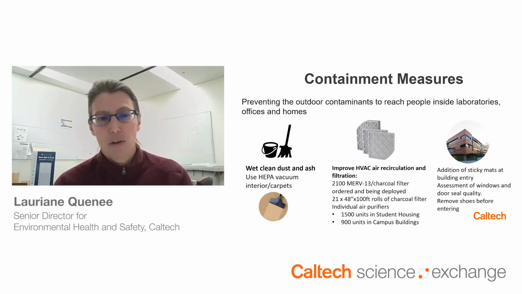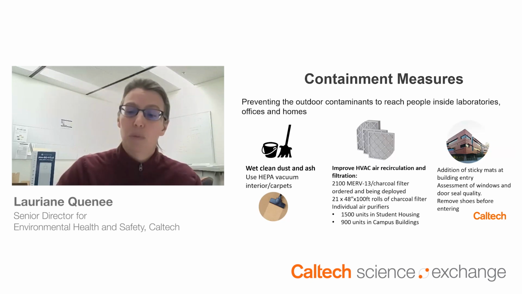You can put a lot of controls in place, but if you have a gap underneath your door, this is something that will be an entry point for the contaminants. And so things as simple as removing shoes before entering into an indoor space, when you do that in your home, can be an effective containment measure for preventing contaminants.